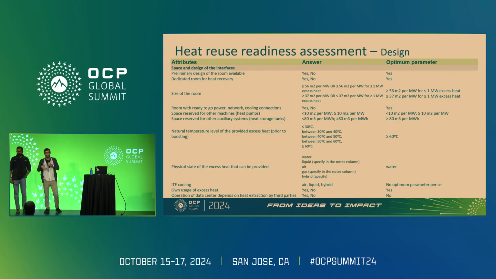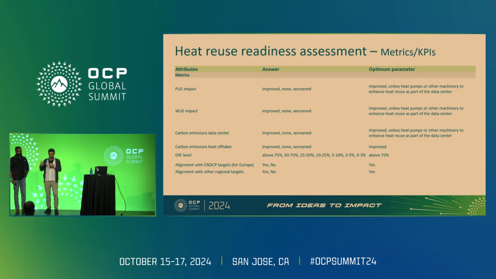We also ask in this checklist what the temperature levels are. Of course, the higher the better. That is a very easy answer. We also ask what type of fluid you are using, and whether you are using only one fluid or many of them.